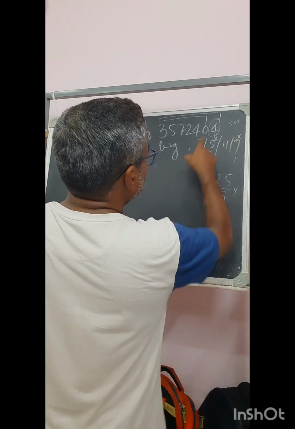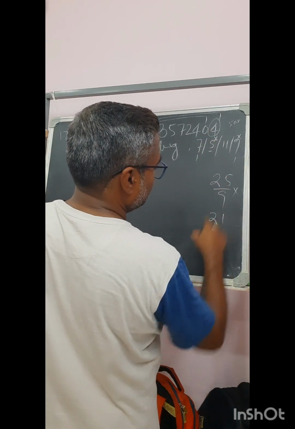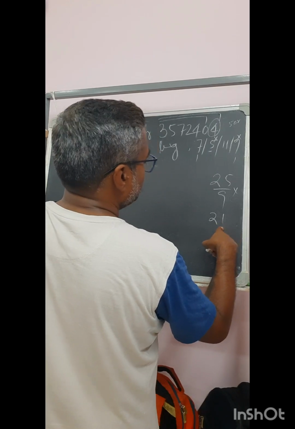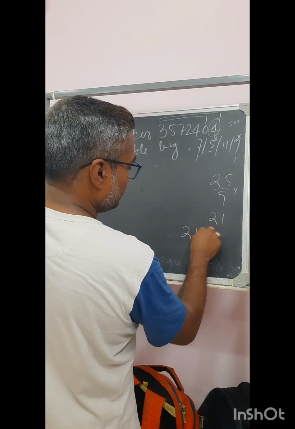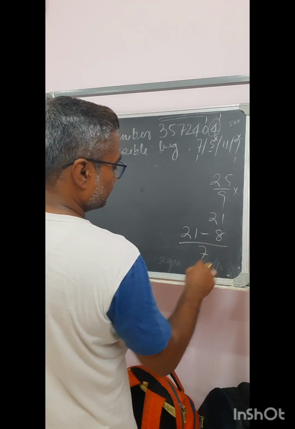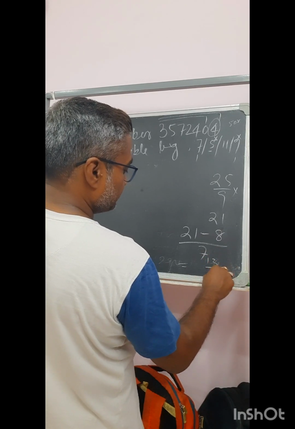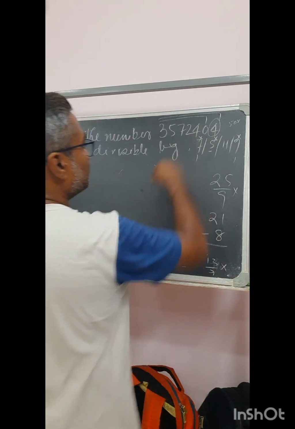For 7, I have to take back 4, so it will be 21. 25 minus 4 is 21. Now I have to calculate 21 minus twice that last digit, divide by 7, whether it is divisible. 21 minus 8 is 13, by 7 it is not divisible, so 7 is gone.